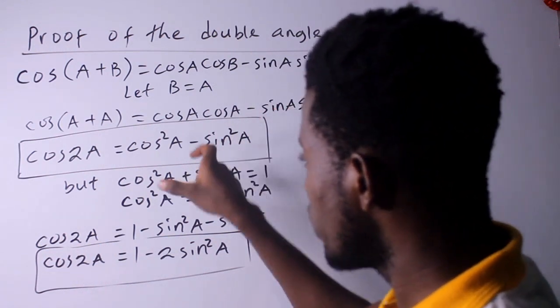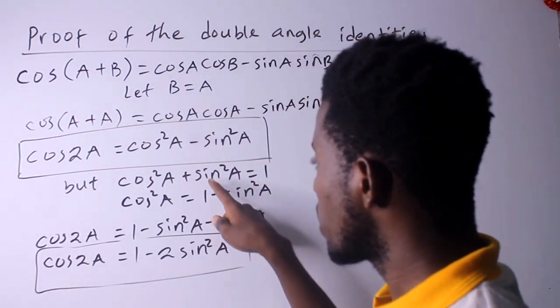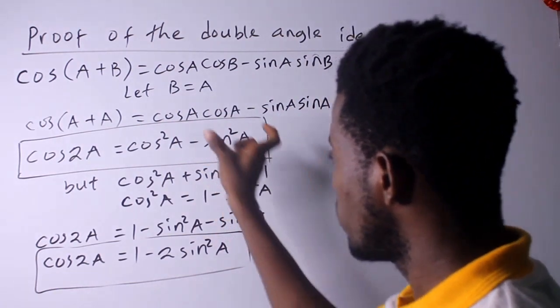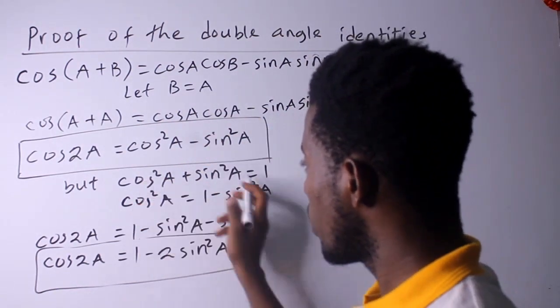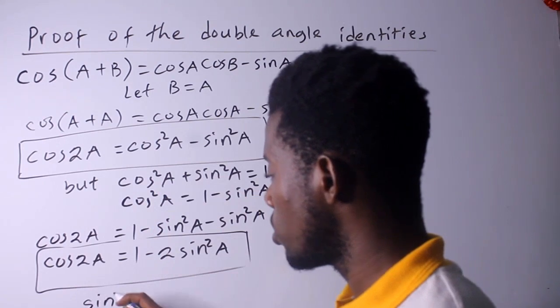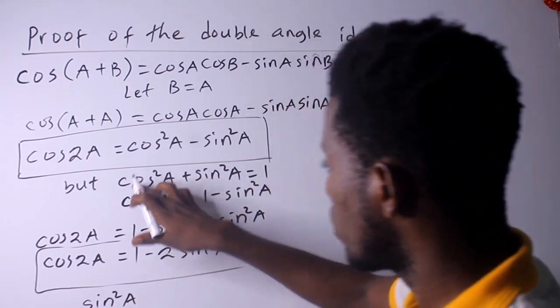Now, instead of replacing cos squared A here, what if I make sin squared A the subject here and then replace it in this identity? So from here, if I make sin squared A the subject, I will send cos squared A across.